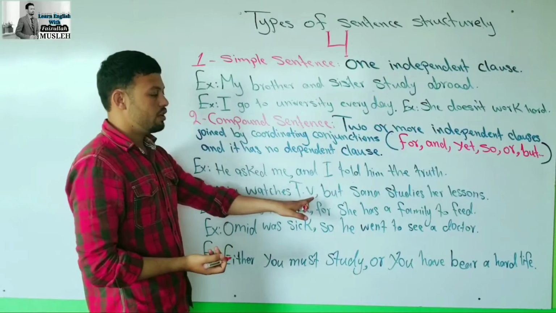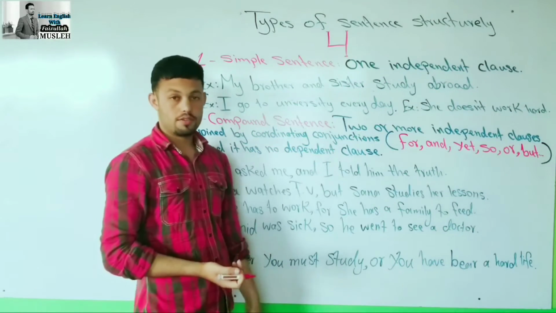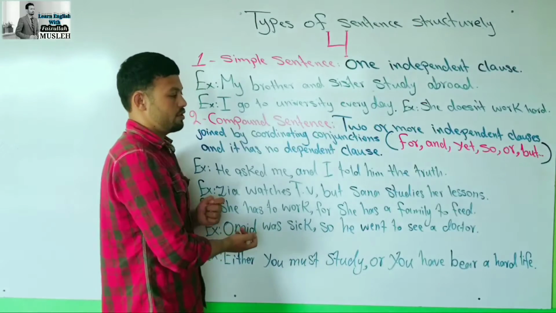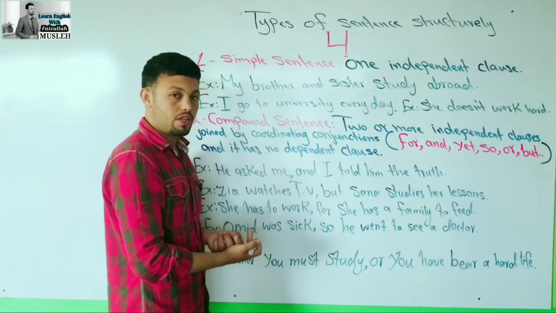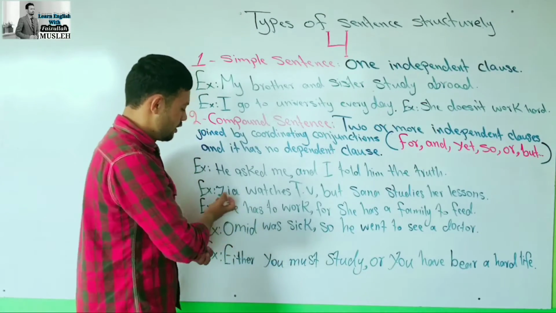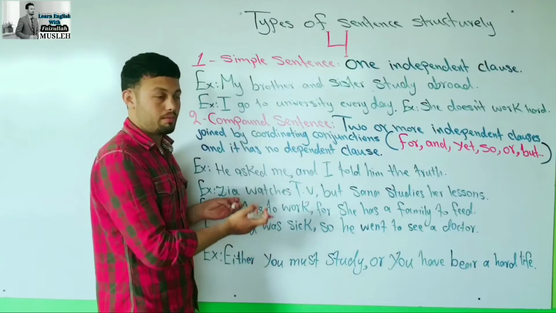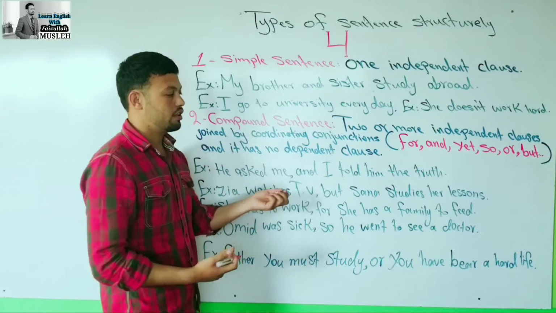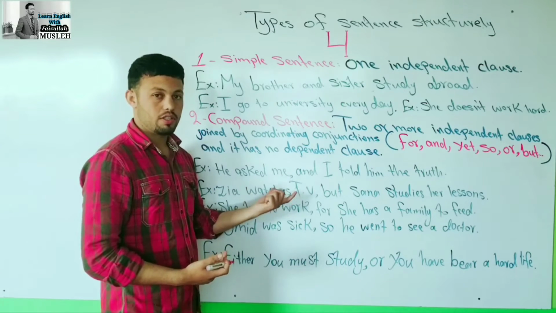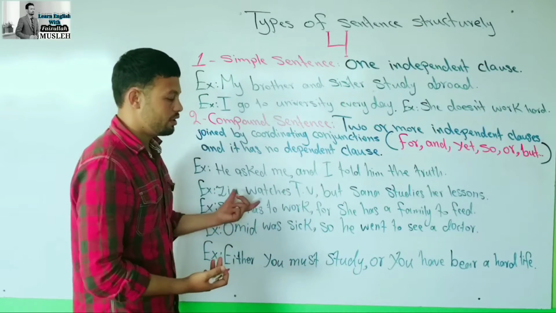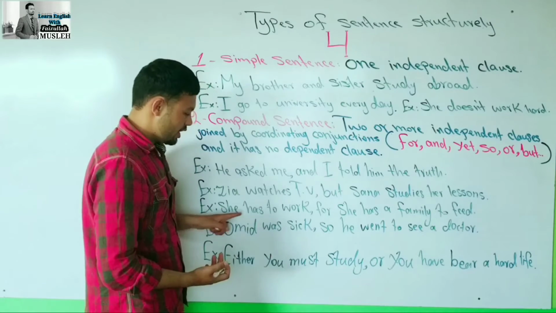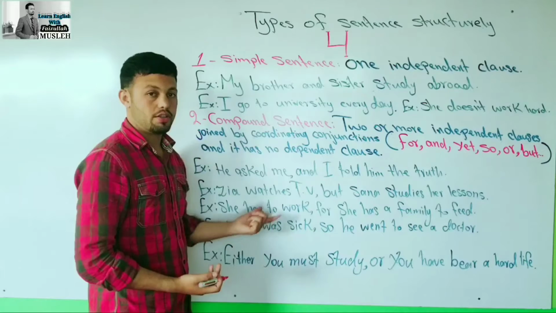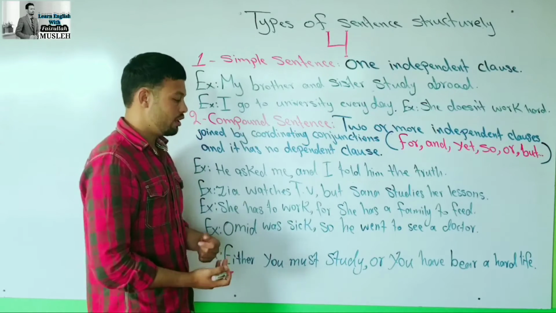Zia watches TV, but Sana studies her lessons. If I say Sana studies her lessons, this is a complete sentence. And Zia watches TV, this is also a complete independent clause. It doesn't need another clause to complete its meaning. She has to work for she has a family to feed.